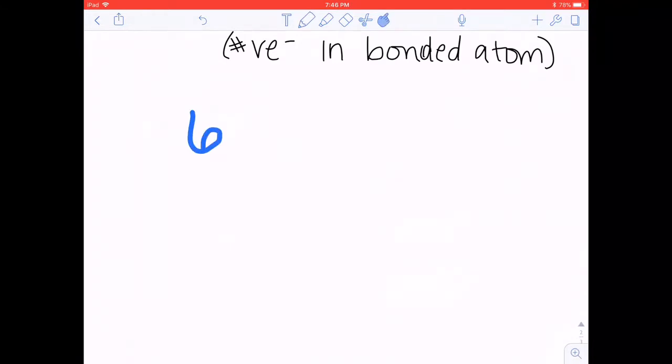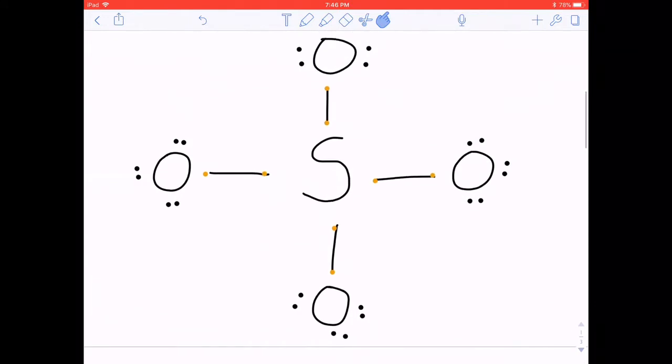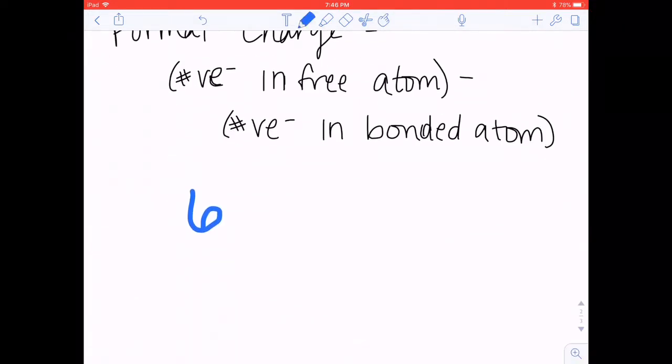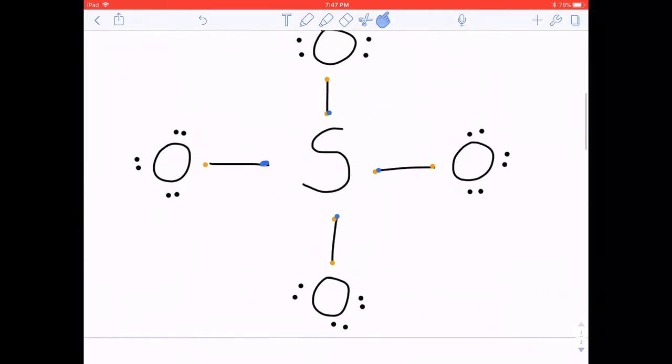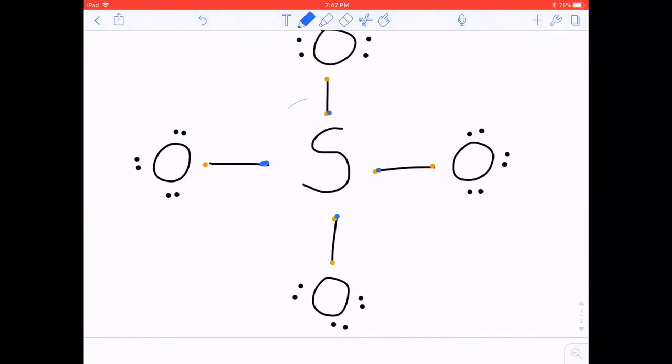So you're just going to do 6, and then you subtract the number of valence electrons in the bonded atom. So let's go count that. It's 1, 2, 3, 4. So you're going to do 6 minus 4, and that will give you a +2. So that means the charge of sulfur in this molecule is +2.